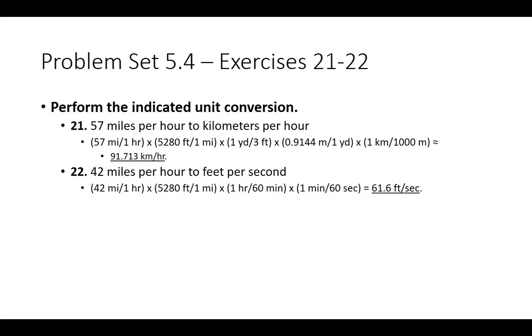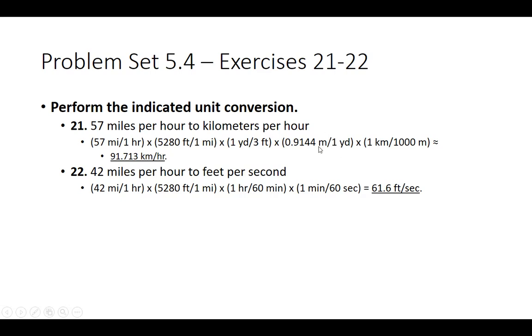We have hours on the bottom like we need. Looking at all of the unit conversions we have, the thing that gets us from US customary to SI is our conversion factor of 0.9144 meters per yard.